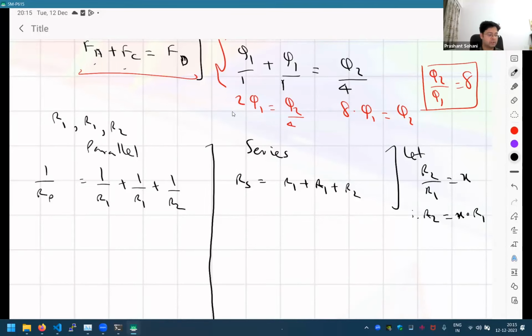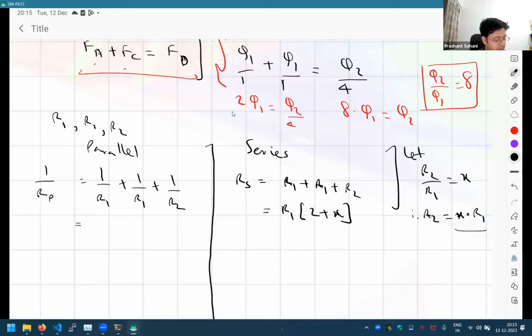I'm just going to write it as, so you've written R1 plus R1 plus R2, right? This is R1 plus R1 plus R2, which is correct. Now, if I simplify this in terms of x, instead of writing R2, I'll always write x times R1. So this is going to be R1 times (2 plus x), right?